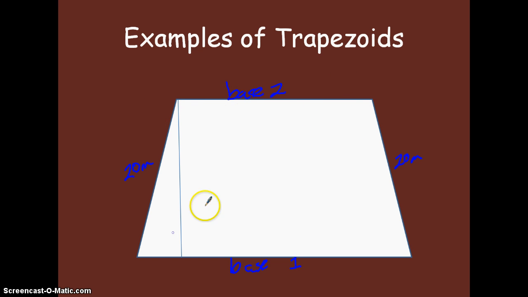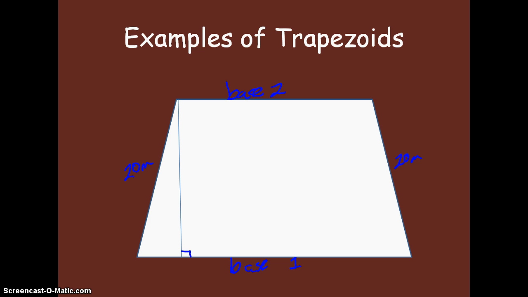If these two lines are parallel and the other sides were parallel, what we'd wind up with is a parallelogram, a rectangle, most likely. But it has exactly one set of parallel lines. Now, this line is most necessary for showing the height when you're trying to find the area of an isosceles trapezoid.